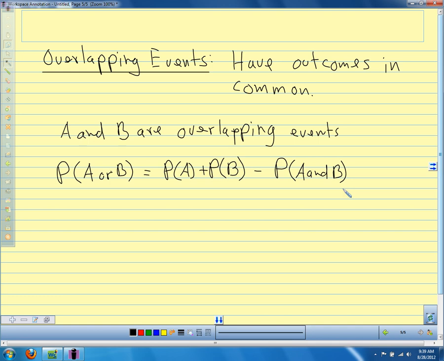So with our die, 4 and 6 are both bigger than 3 and even. So if we subtract the probability of that happening, of the 4 and 6, that gets rid of those being counted twice, because they're being counted with the greater than 3 and they're being counted with the even. So subtracting this gets rid of that extra, that double counting. That's why we do that extra subtraction.